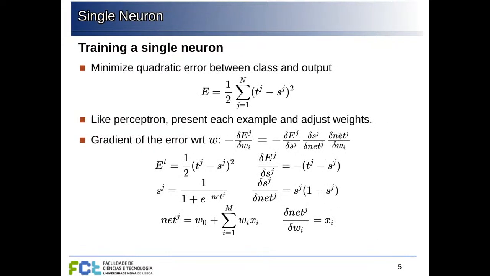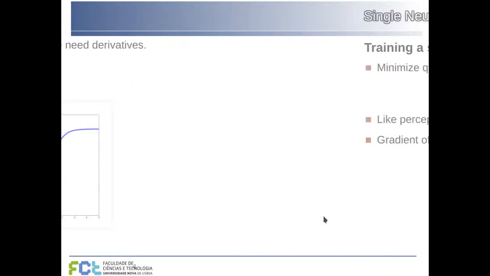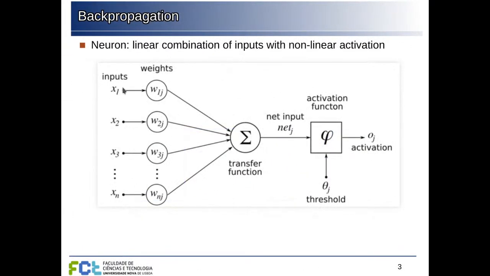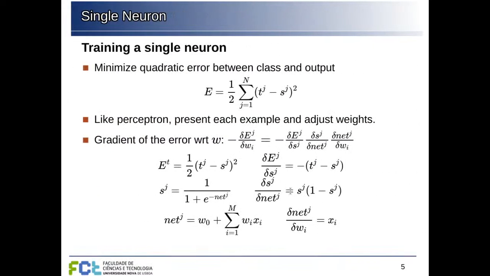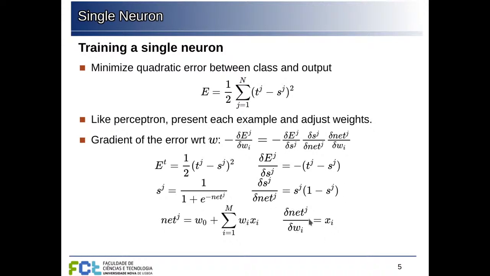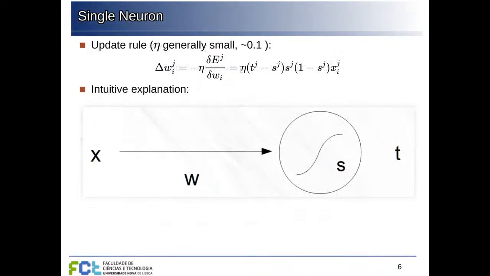And then we need to go one more step and compute the derivative of this weighted sum with respect to each weight. But this one is easy, since this is just the product of the input by the weight that is contributing to the sum, the derivative with respect to the weight is just the value of the corresponding input. So this is the expression that we have, and so the update rule for the single neuron will be to give a small step in the direction where the derivative is going down.